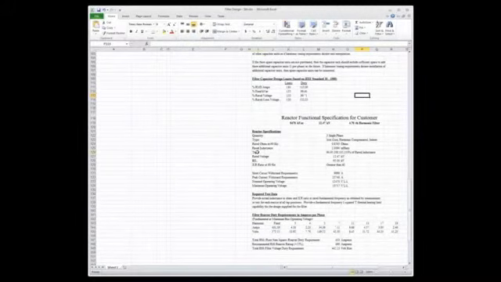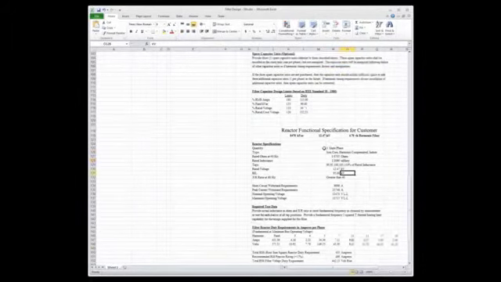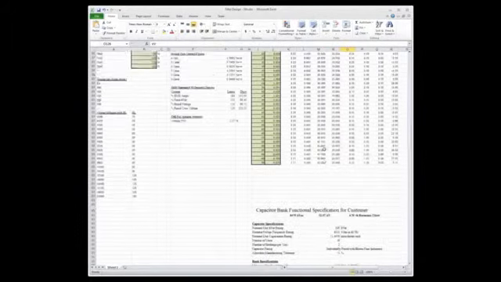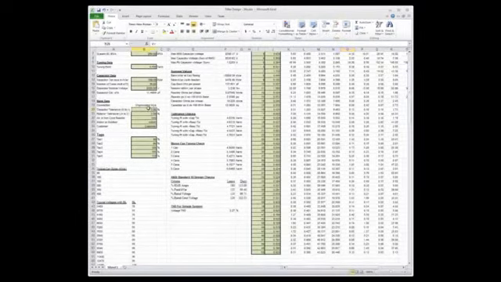Notice here I put taps specified. I've had several cases where, because capacitors now are typically 10%, their tolerances are 10%. Now, capacitors always come in a positive tolerance, okay?